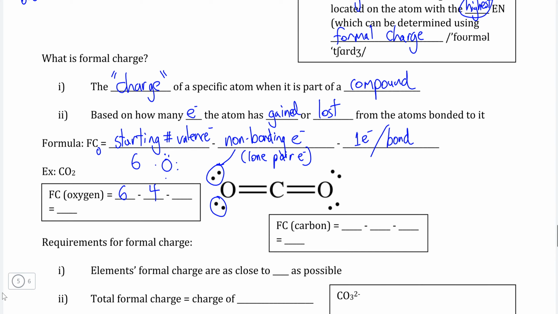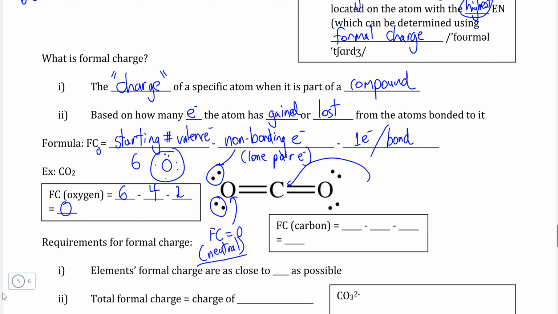So the oxygens bonded to this carbon have 2 bonds, which means that there is 1 electron for each bond, meaning 2, and 6 minus 4 minus 2 is 0, so that states that this oxygen here has a formal charge of 0, meaning that it has neither gained nor lost electrons compared to the atomic form. It has the same number of electrons as it started with.